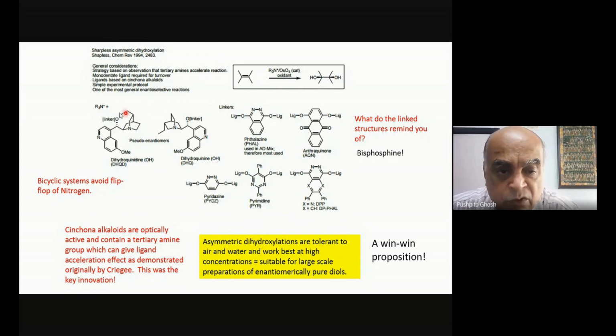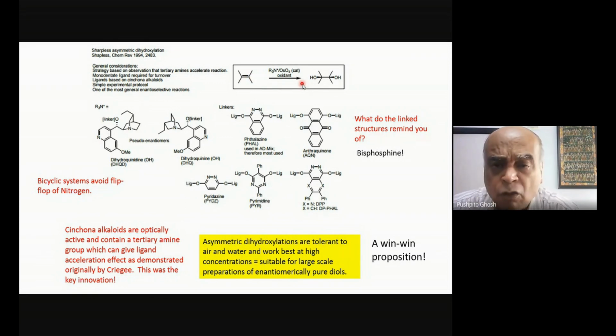So when he did this reaction with these chiral alkaloids, he was able to make the chiral form of the dihydroxy compounds from here.